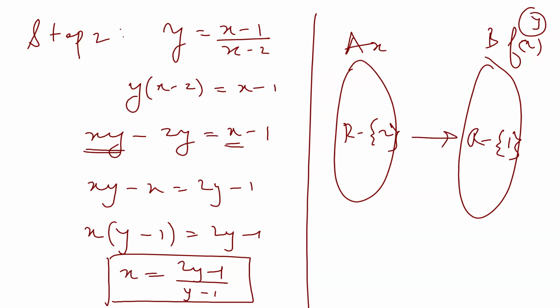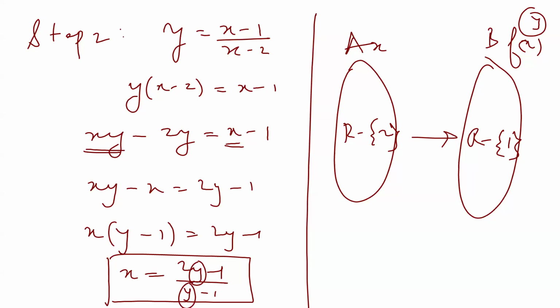So y can take up any real value apart from 1, because 1 minus 1 will give you 0. That's what I was speaking about in the previous problem also. But the previous problem was totally vague. So we can put any real value of y except 1.